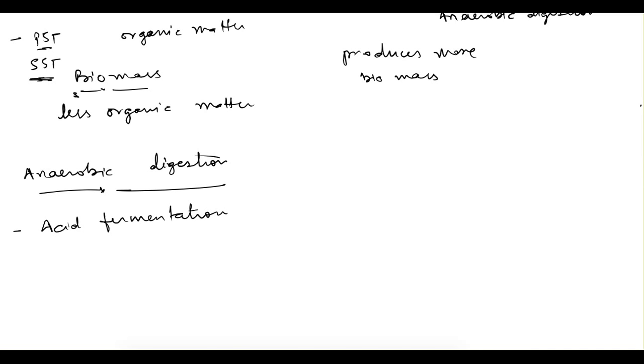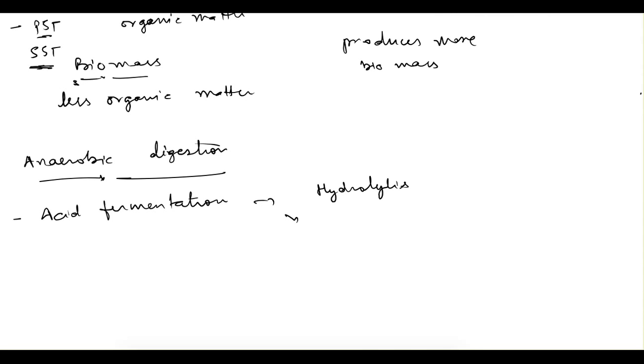In acid fermentation, hydrolysis of the organic matter happens, the organic compounds are converted into liquids, and then these are converted into organic acids. This is the first stage. The second stage is known as methane fermentation.